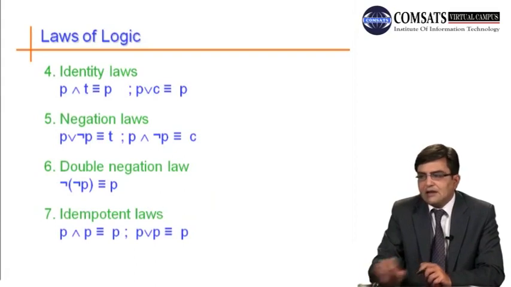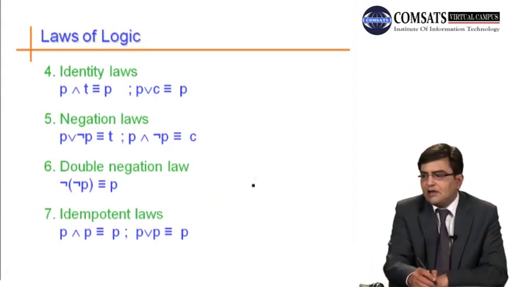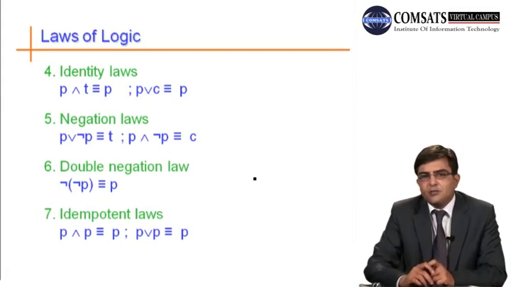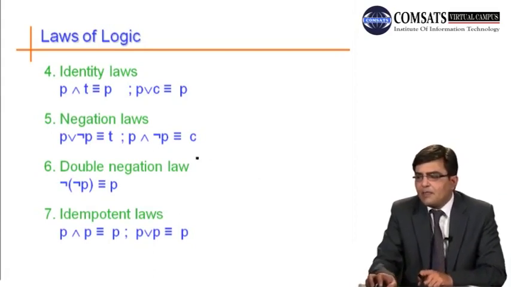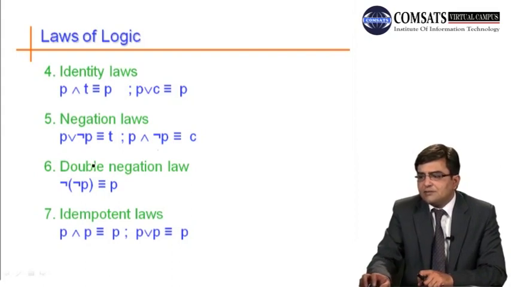The next law is the identity law, which states that if we have a proposition P and a tautology T, this is always logically equivalent to P, because as we know T is a tautology, its every truth value will be true.